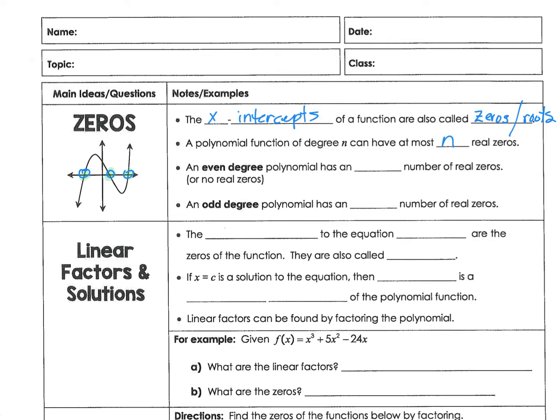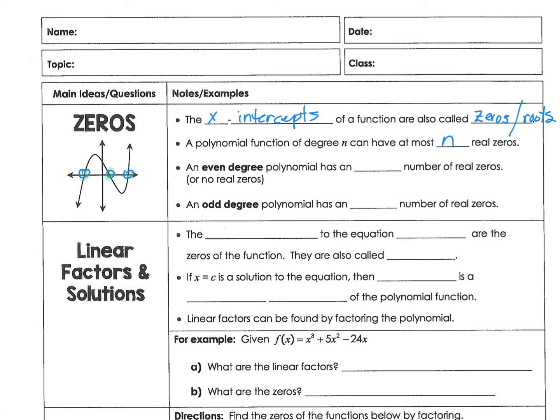Now, can it cross more than twice? Think about it. If it's to the 4th power, it could look like a W, so it could cross as many as 4 times. We have to be careful about that. So an even degree polynomial has an even number of real zeros.